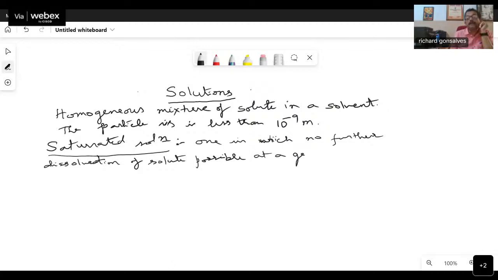Why I say at a given temperature? If I put more temperature, that which was insoluble will also dissolve. Therefore, saturation is at a given temperature, is it saturated or not? Okay, this is an idea. Next, once you know that, we will go for types of solution.